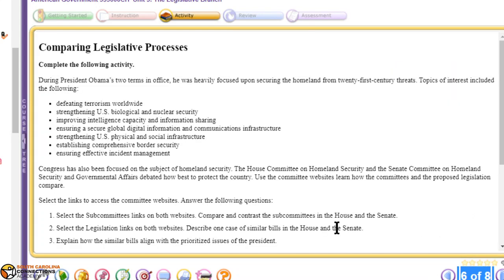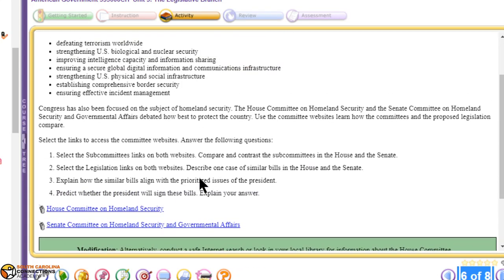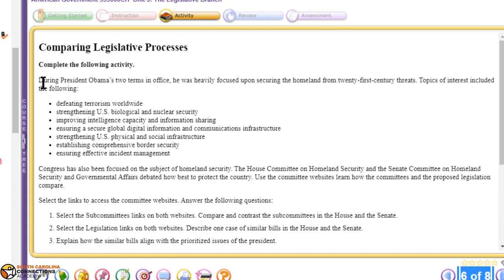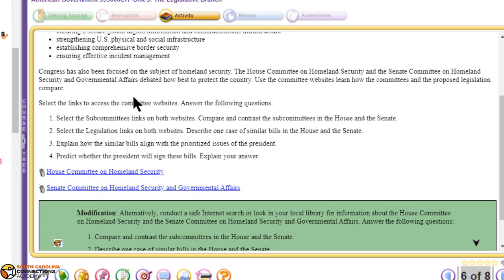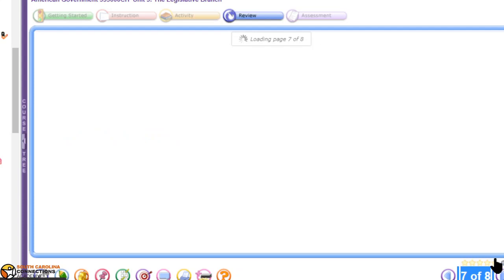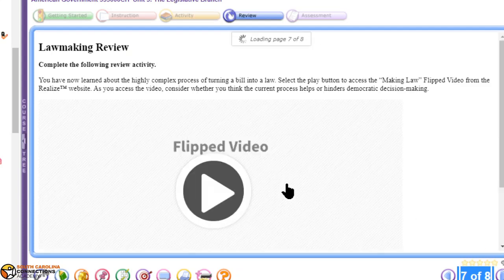Complete the following activity. This is a little older lesson, so we're talking about President Obama's two terms and what he did. Make sure that you focus on that. When you get this assignment done, you'll be doing it in your notebook. Don't worry about turning it in to me. And then the next thing you'll need to do is watch this flipped video. It won't take but a second.